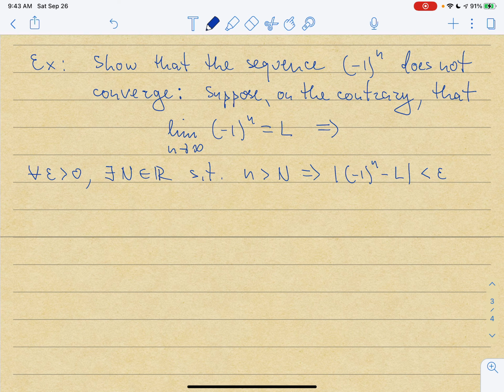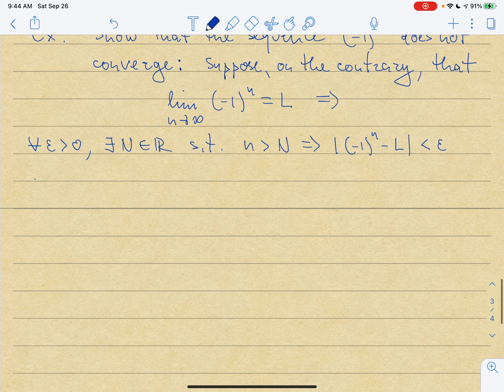All right, so with this in mind, then, let's see, we have two choices. So there are odd n such that |-1 to the n minus L| is less than epsilon, right?